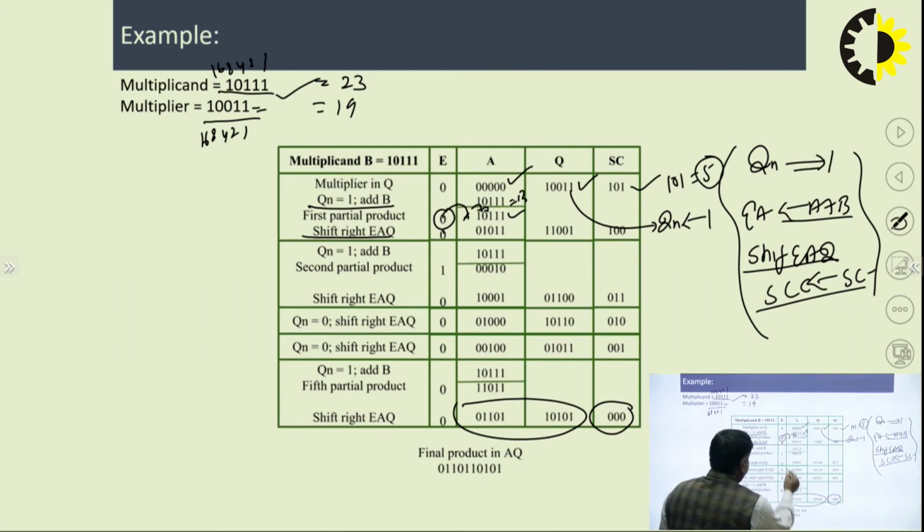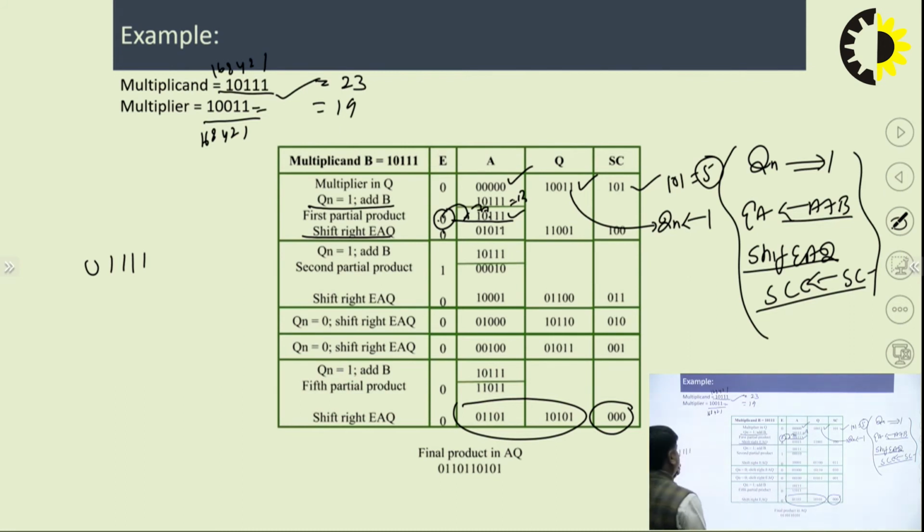Now here we are taking 0, 1, 0, 0, 0, 0. Now this bit is shifted from this bit and the last bit is discarded. Now when this bit is shifted, this is E, this is A, this is Q. For better understanding, we write this is E, this is 1, 0, 1, 1, 1.